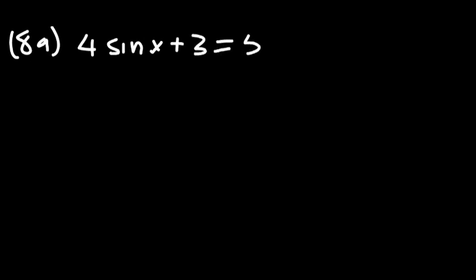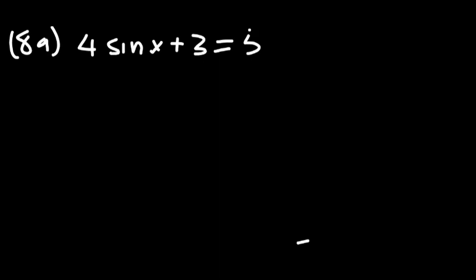So let us start with question 8a. So what is question 8 all about? Question 8a, we've been given a trigonometric equation. Our trigonometric equation is 4 sine x plus 3 is equal to 5.